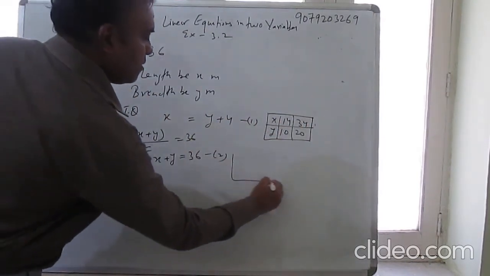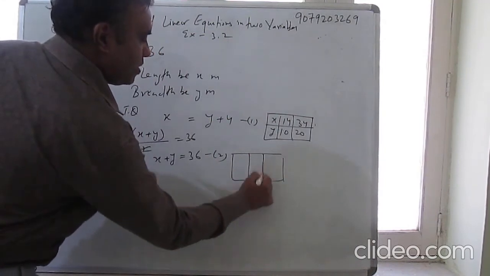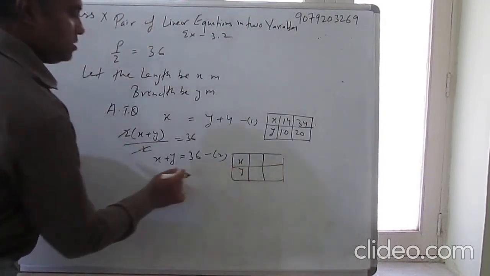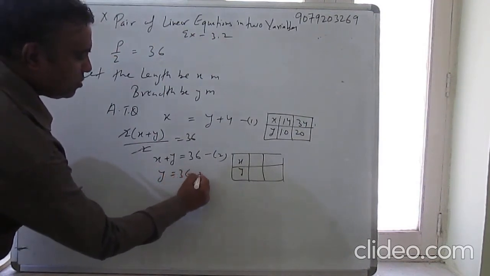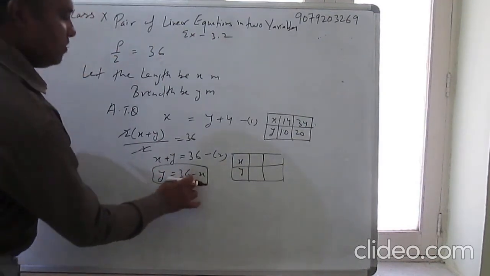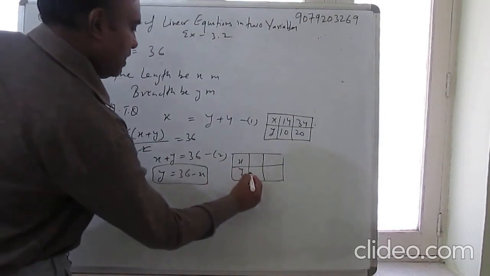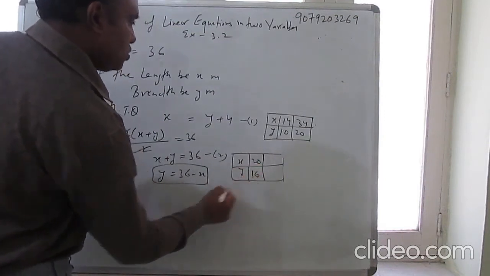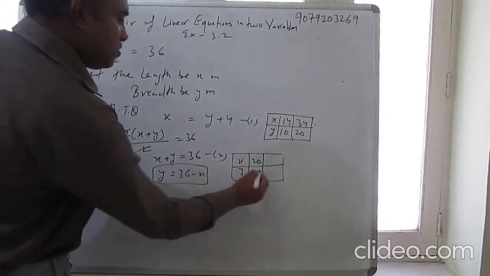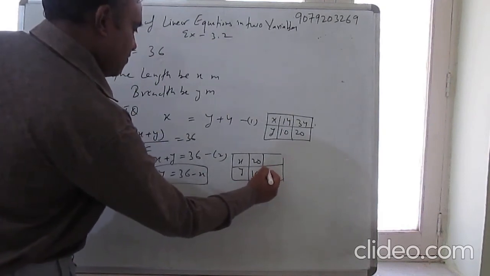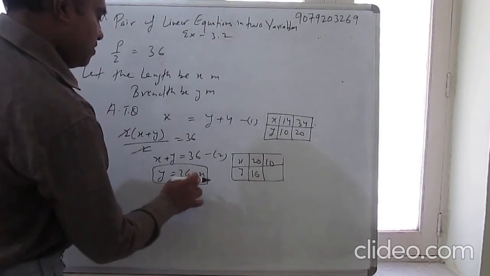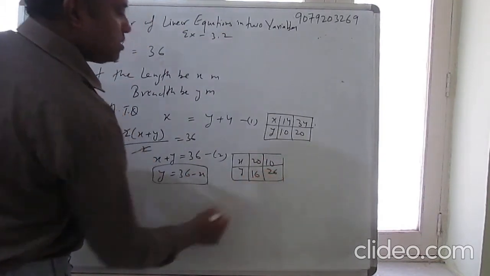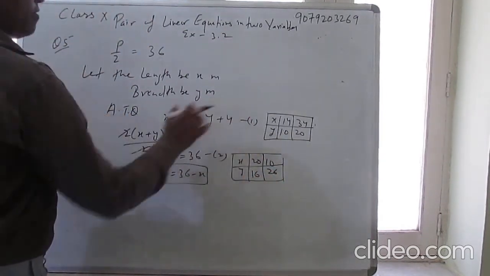Here for the second, plotting points are these. You write y is equal to 30 minus x. If I take x is equal to 20, y is equal to 10. If I take x is equal to 10, y is equal to 20. Plot these points on the graph.